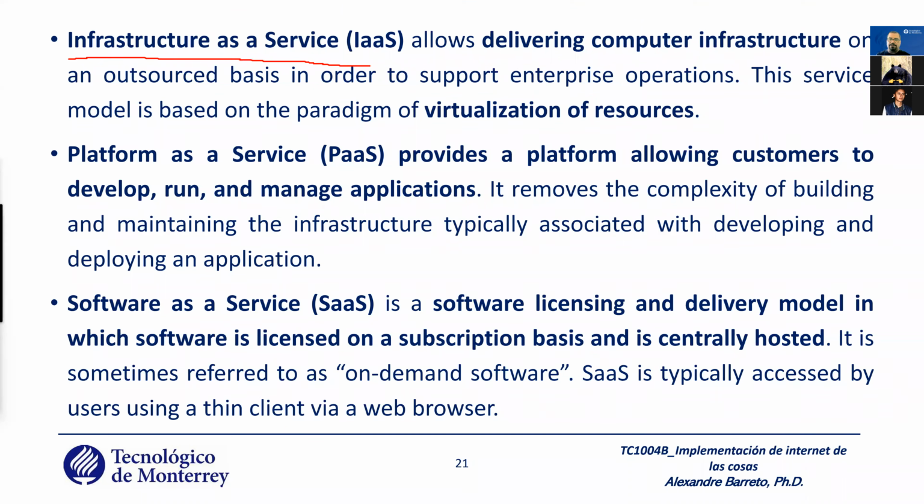Okay, the first is the infrastructure. Again, you get computer infrastructure on an outsourced basis. You buy a virtual server in another place. Amazon provides you a service in one place in its cloud, and you don't need to worry about availability. You don't need to worry about the basic security.